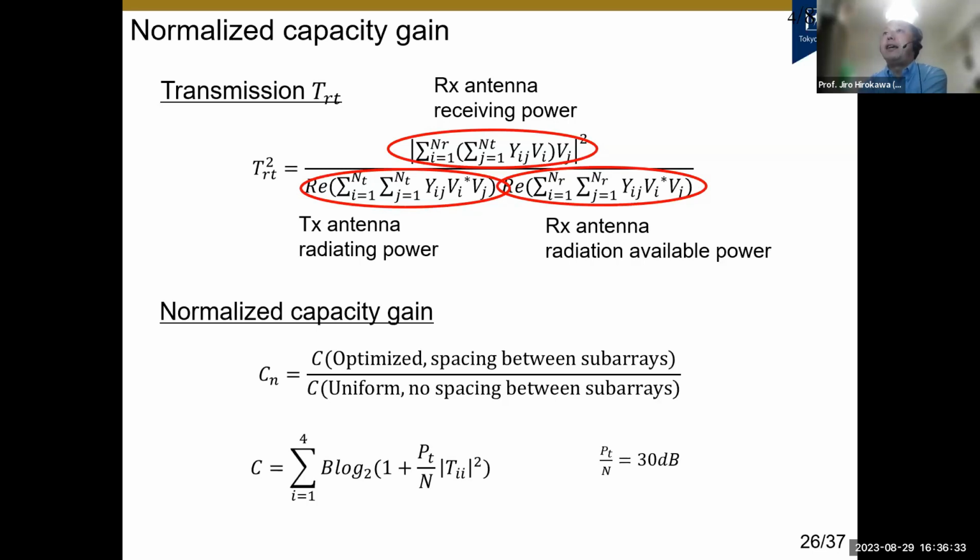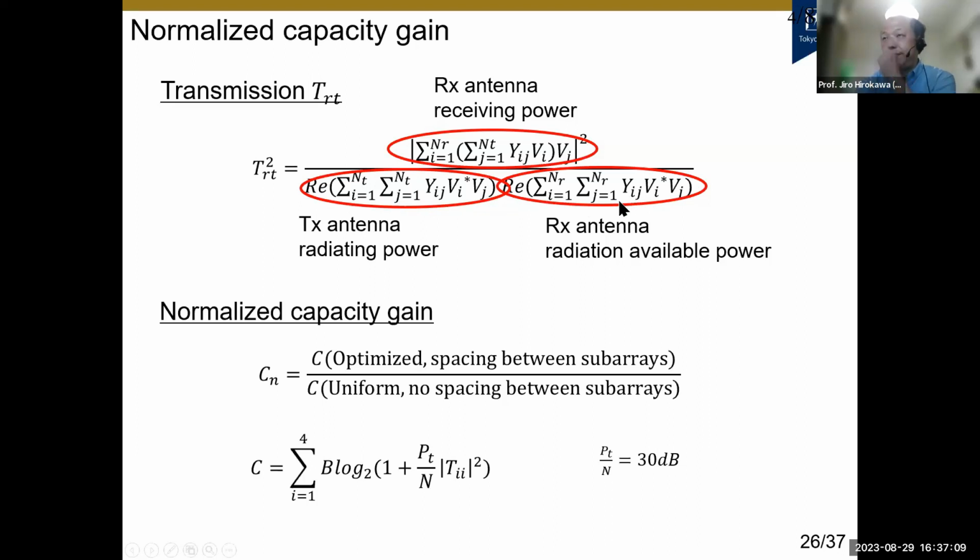We estimate the transmission according to this equation. Numerator is a square of RX antenna receiving power, and denominator is a product of TX antenna radiating power with RX antenna radiation available power.